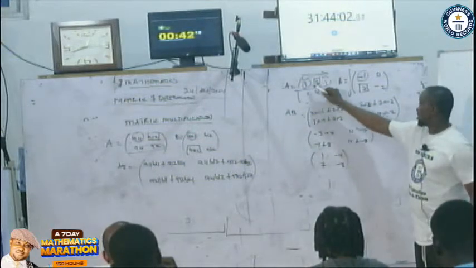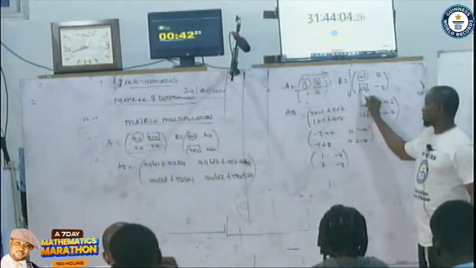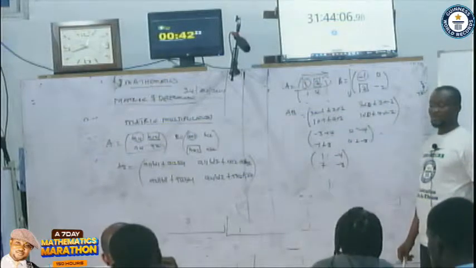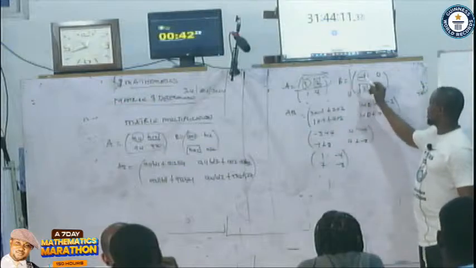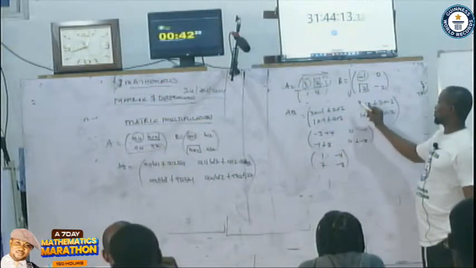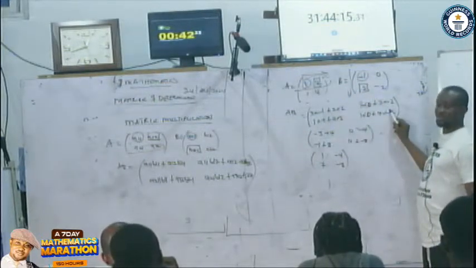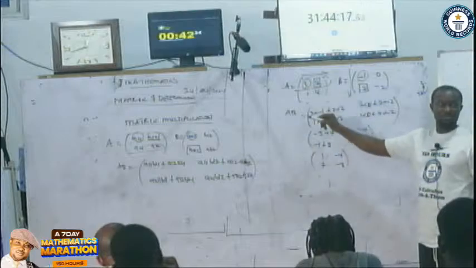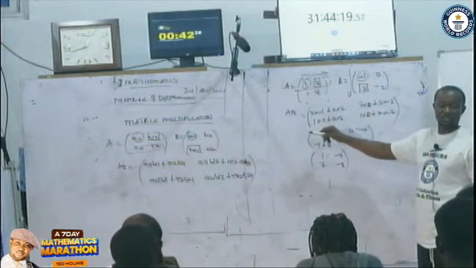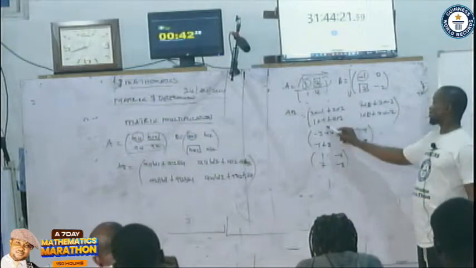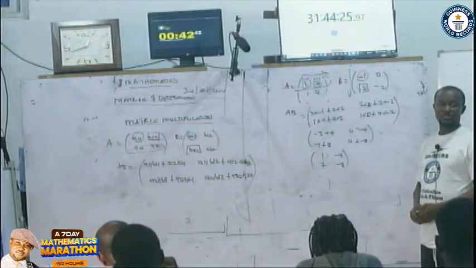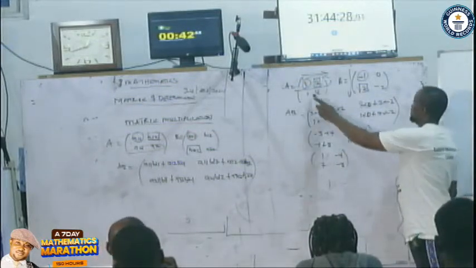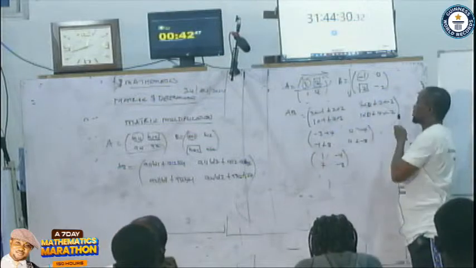Then 3 times 0 plus 2 times minus 2. When you finish with the up, you come to the down. 1 times minus 1 plus 4 times 2. Then 1 times 0 plus 4 times minus 2.